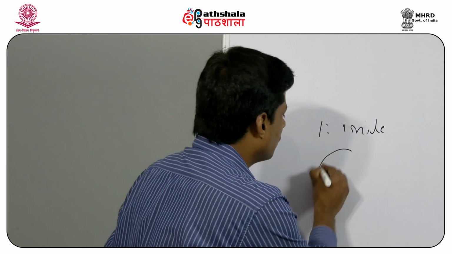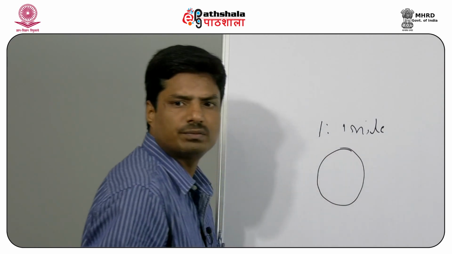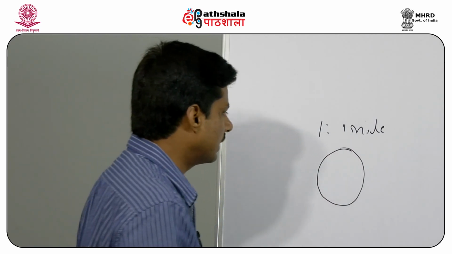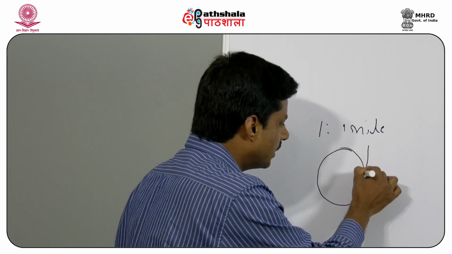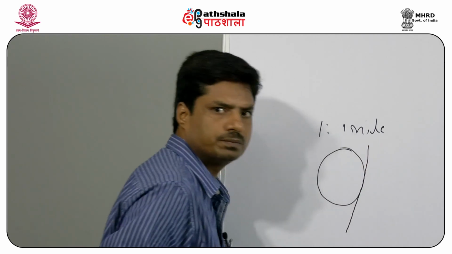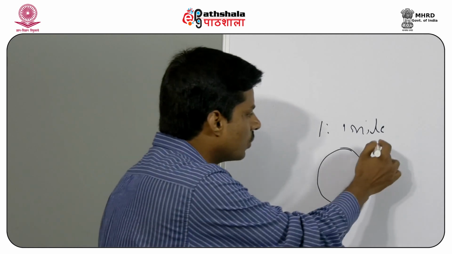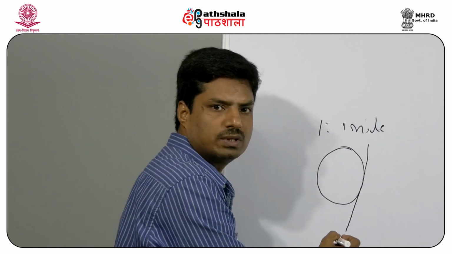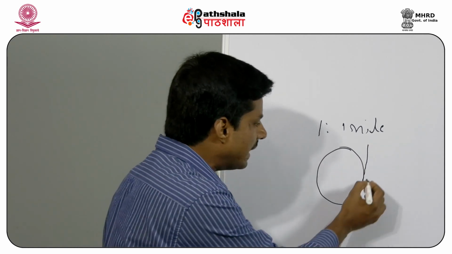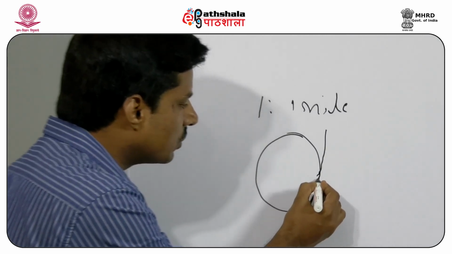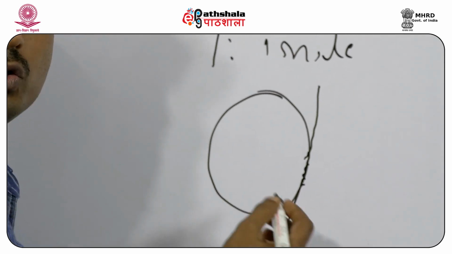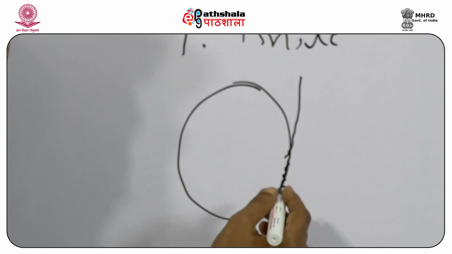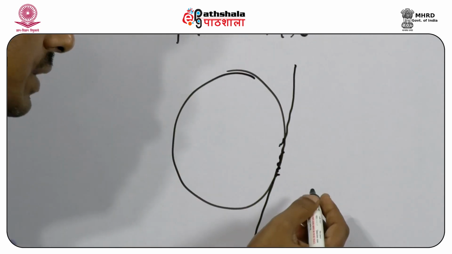Look at this globe. Here we are having this globe, and suppose a plane is passing through this globe. A straight line or a plane is passing through this globe. So the area which is touching to this globe will be true in scale, size, shape and direction.